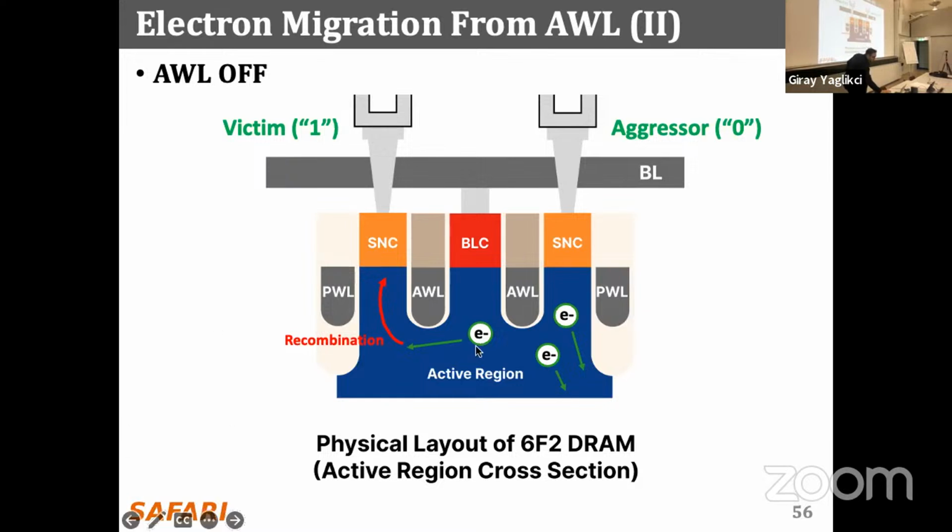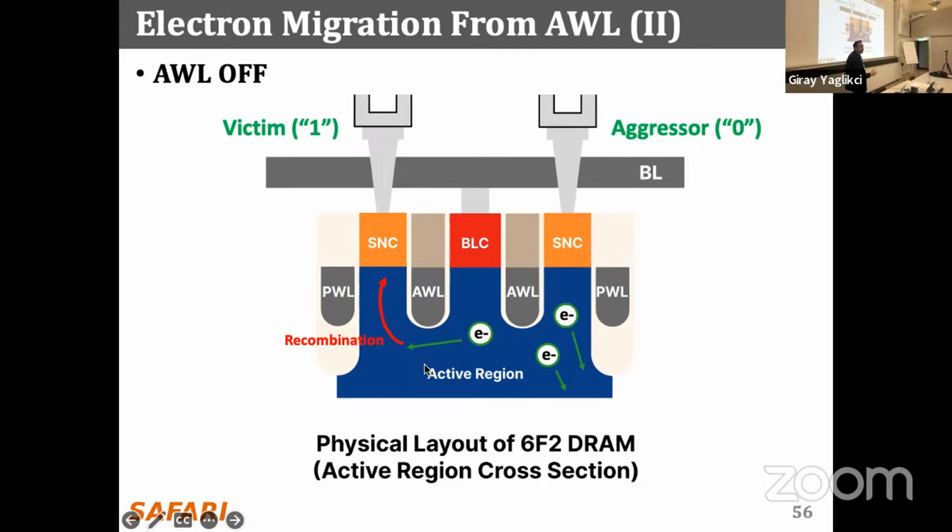Some of them go back to the base here, the substrate, the remaining parts. And some of them actually go to the other storage node somewhere here, because this is the same region. You don't have isolation between these two cells' active regions.